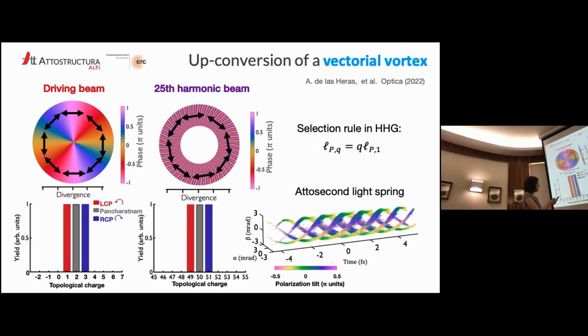When we perform the azimuthal Fourier transform of the left circular component, we obtain this topological charge. If we do the azimuthal Fourier transform of the right circular component, we obtain a different topological charge. It is a superposition of these two eigenmodes. And the Pancharatnam-Berry charge, for the driving beam and the harmonic beam, is the average between the two circularly polarized scalar vortices.